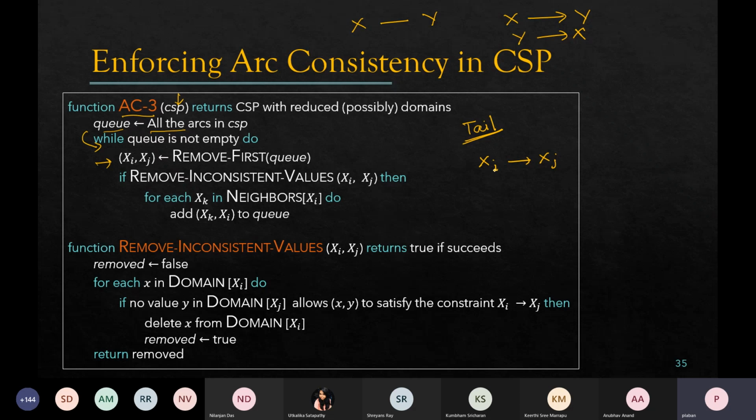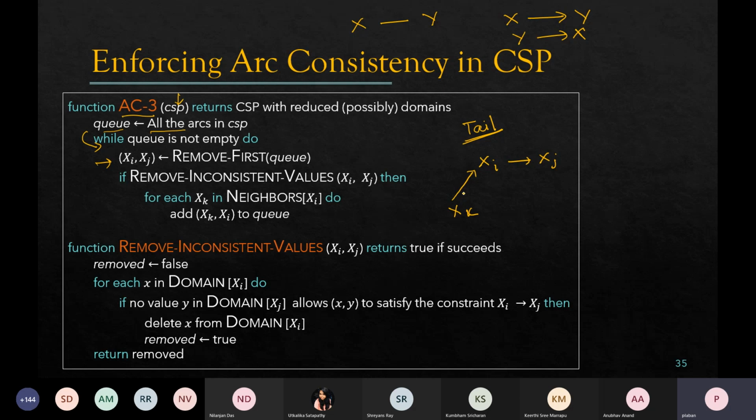Now, if we have a removal from xi, that means that arc is not consistent, right? And what is the implication? The implication is, as soon as I remove one value from xi, we might be having another edge like this, and we need to check the consistency of this as well.